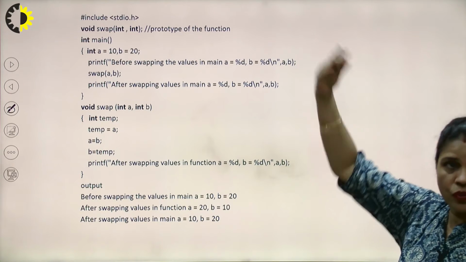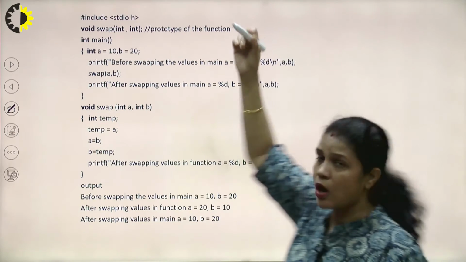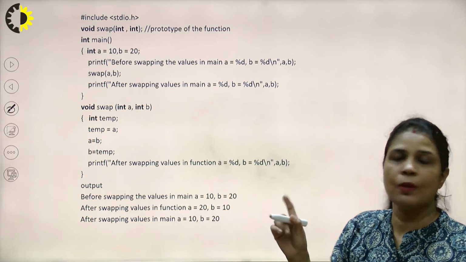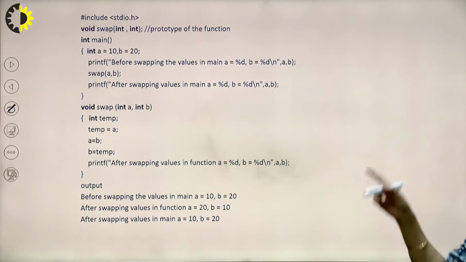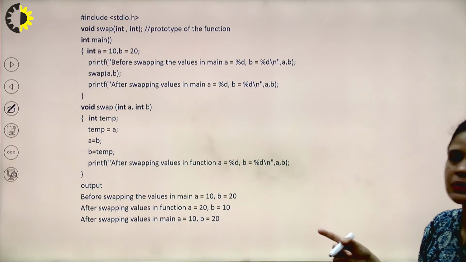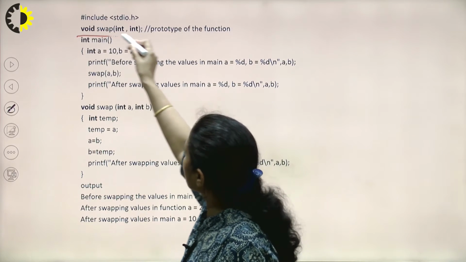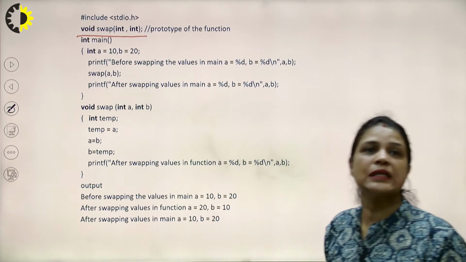So first of all, function declaration. How will we declare such a function? Let's suppose we need to swap two numbers. We are taking an example to swap two numbers. Okay, so we are giving the prototype or the function declaration.